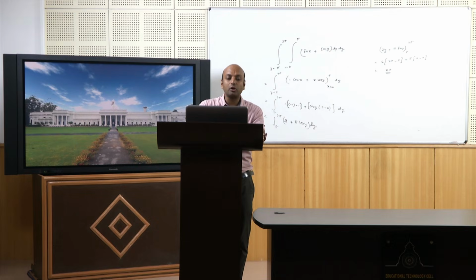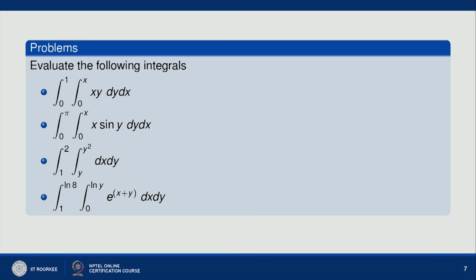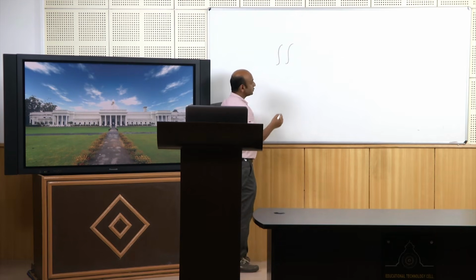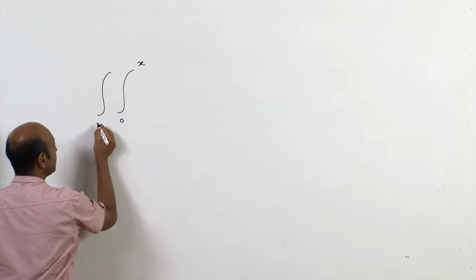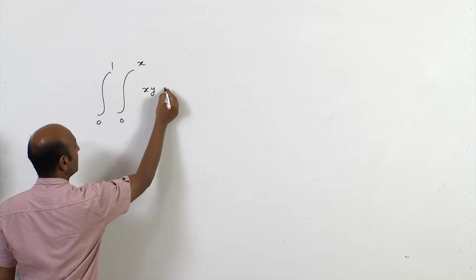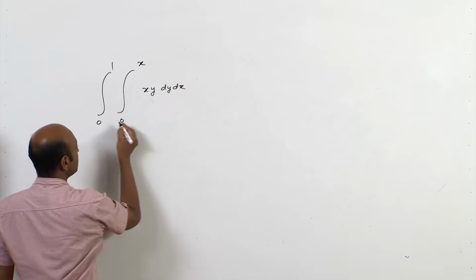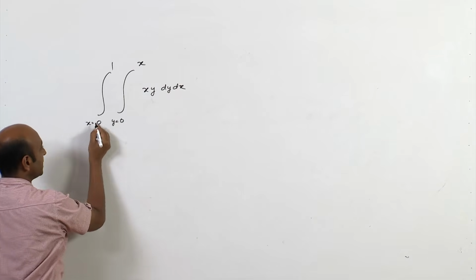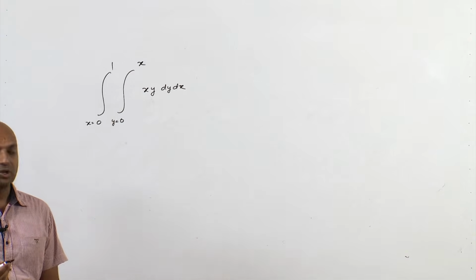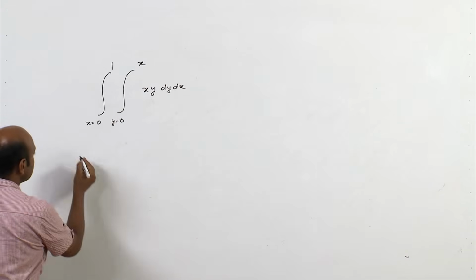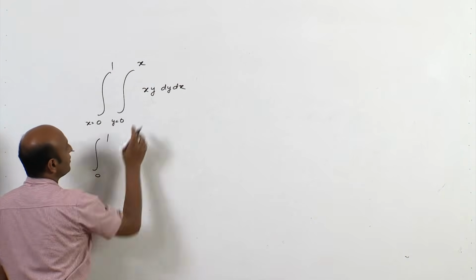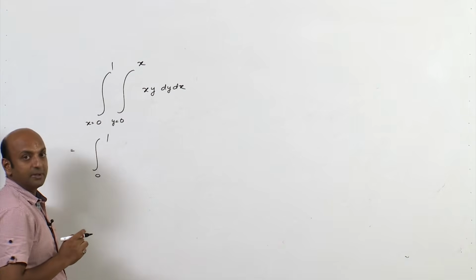Now, suppose you want to solve these problems. So, we can take the first problem. The first problem is a double integral, here it is 0 to x and then 0 to 1, of xy dy dx. So, these are limits for y and these are limits for x, of course, because y is first. So, how can you find this integral? This is the integral from 0 to 1. You first integrate this with respect to y, keeping x constant.